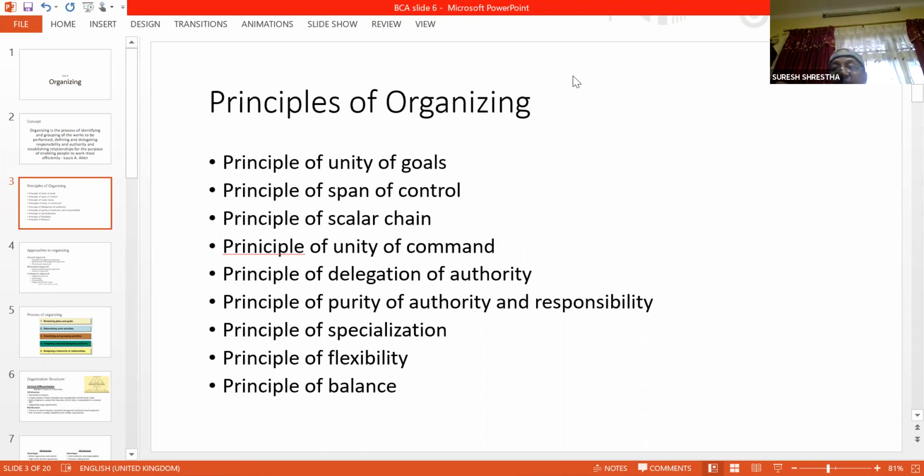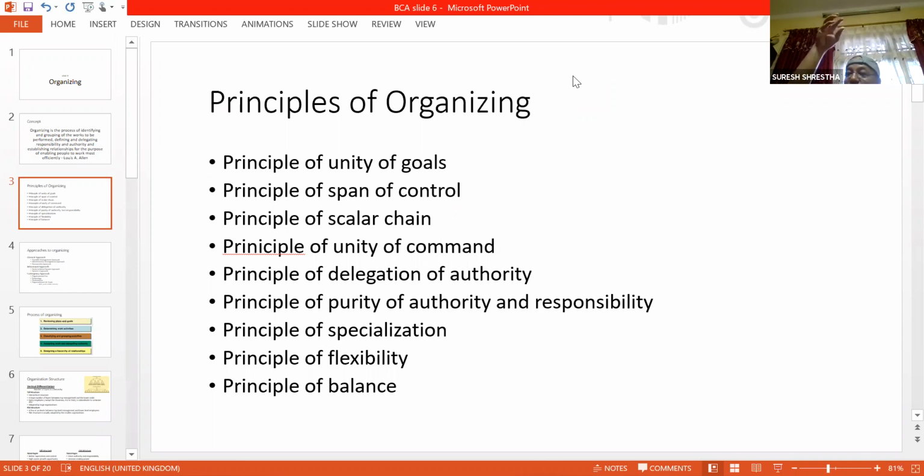So organizing is based on certain principles. Whenever you are organizing, these are the things that have to be put at the center. First, the principle of unity of goals. Whenever you are organizing, one thing that you have to keep in mind is that we are carrying out these activities to achieve the organizational goal.